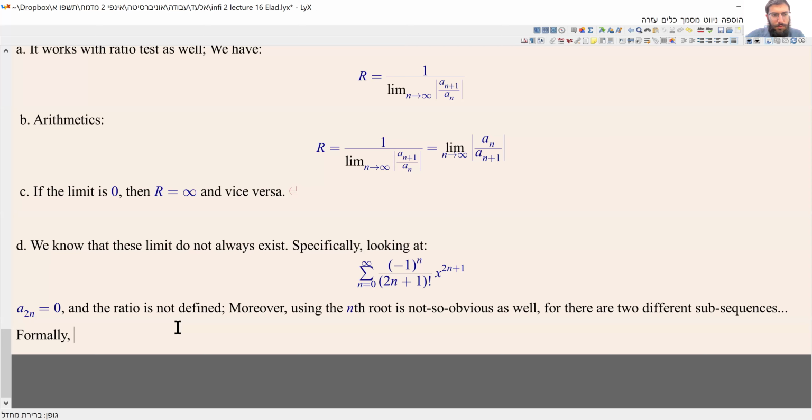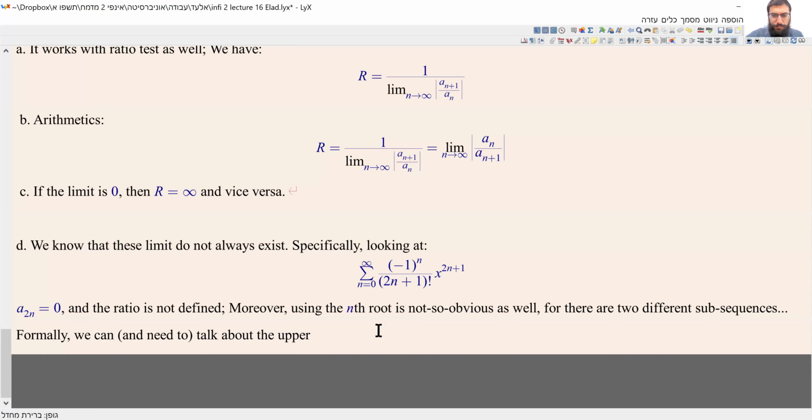Formally, we can and need to talk about the upper limit, the lim sup.